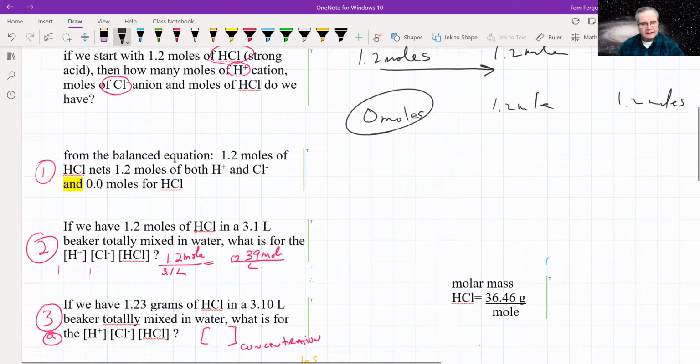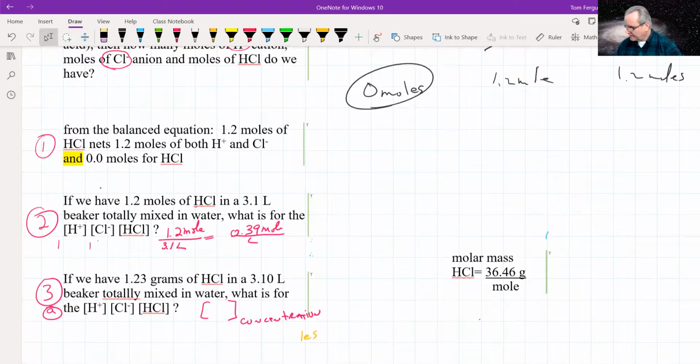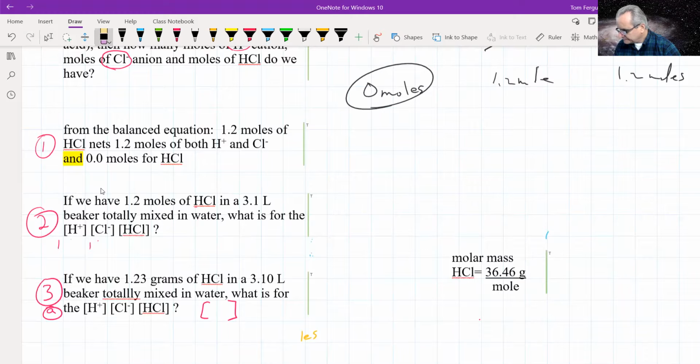Okay, so let's do a concentration problem here. Okay, remember square brackets. Square brackets are another way of writing moles per liter.